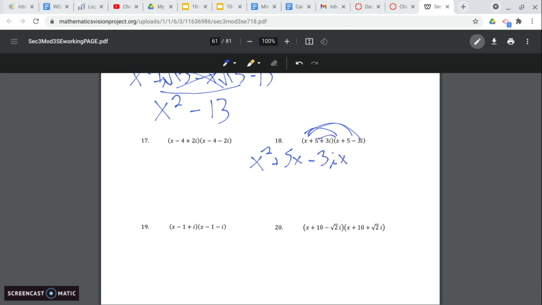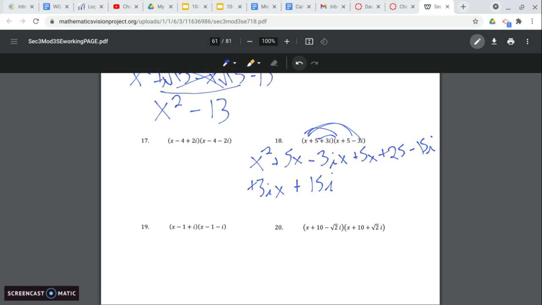Then we take 5 times x, so plus 5x. Then we take 5 times 5, plus 25. Then we take 5 times negative 3i, minus 15i. Then we take 3i times everything, so we have plus 3ix. Then we have plus 15i.